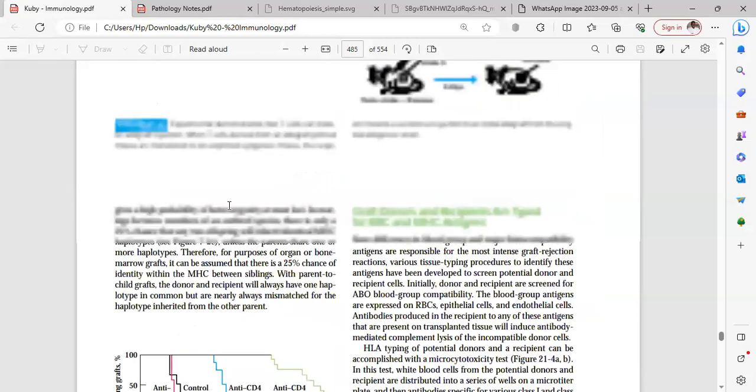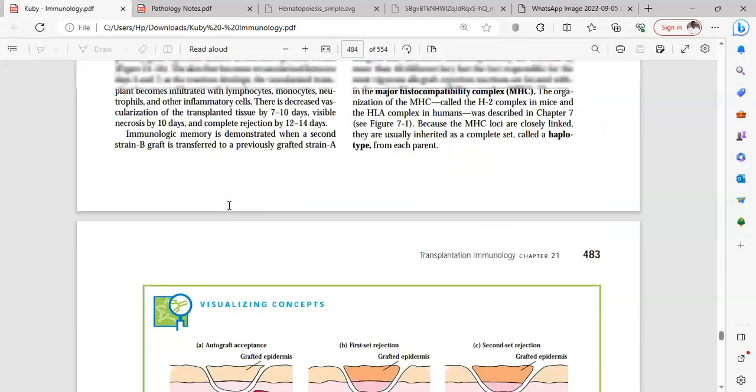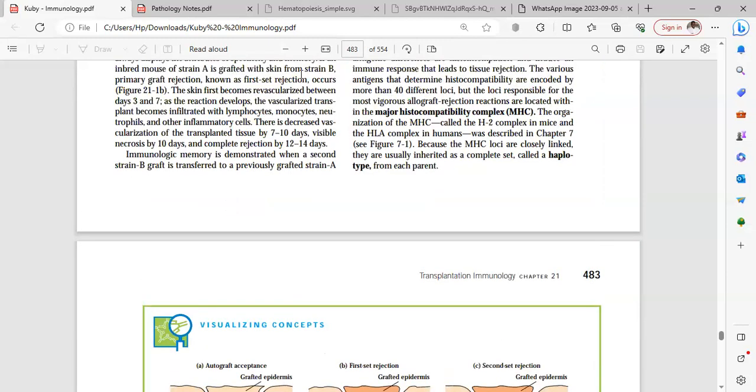For graft rejection, our immune system is very complex. The immune system is able to pick up our own cells, the host cells, and differentiate them from the foreign ones, like when you get an organ from another person. The immune system is able to differentiate that.